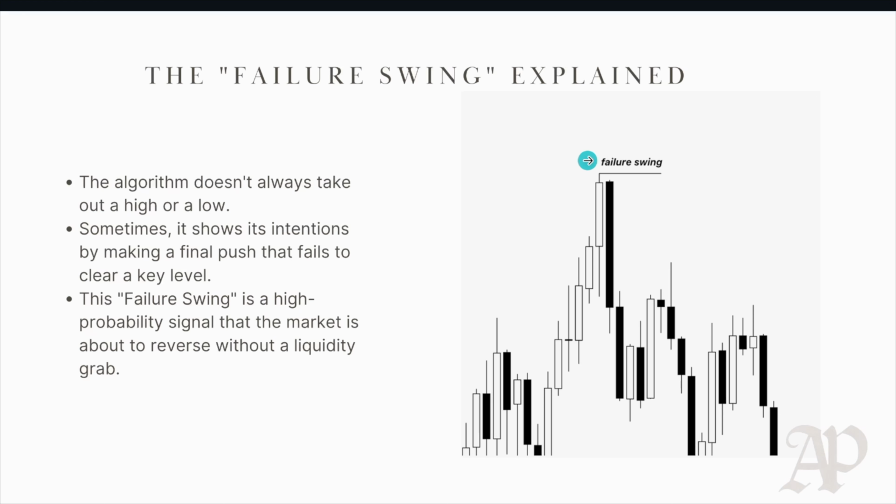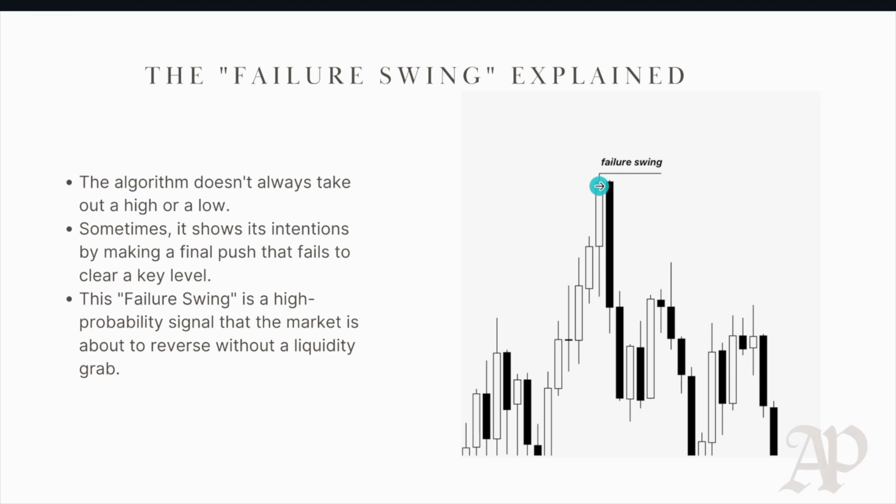Let's just say this is 1:59 p.m. and this is 2 p.m. What does it do? It didn't create a higher high and just went down, right? Or maybe there was a previous liquidity that it failed to take. From this example, this candle can be 1:59 p.m. You can see it created a higher high right here.